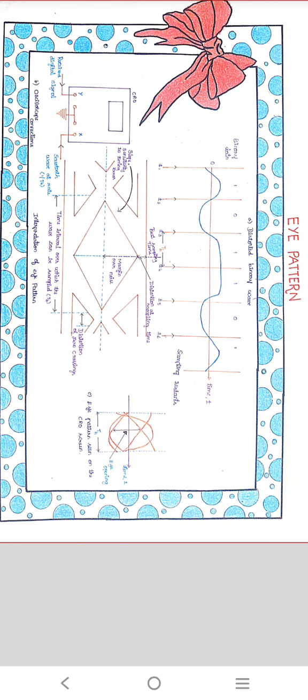Closed eye: high noise, ISI, and timing error lead to bit errors. The eye pattern is used in receiver design, channel testing, oscilloscope based testing, and BER (bit error rate) optimization.